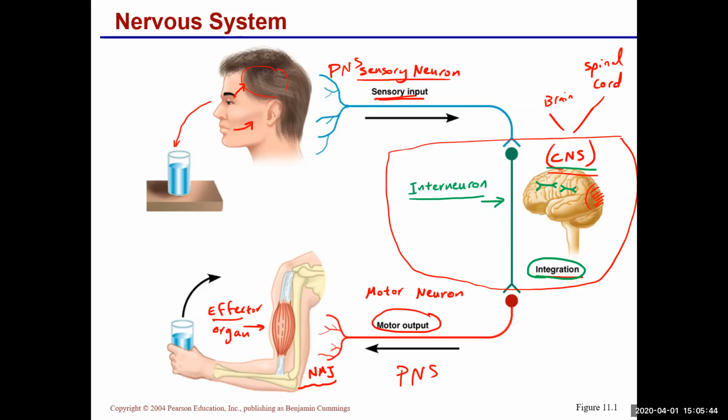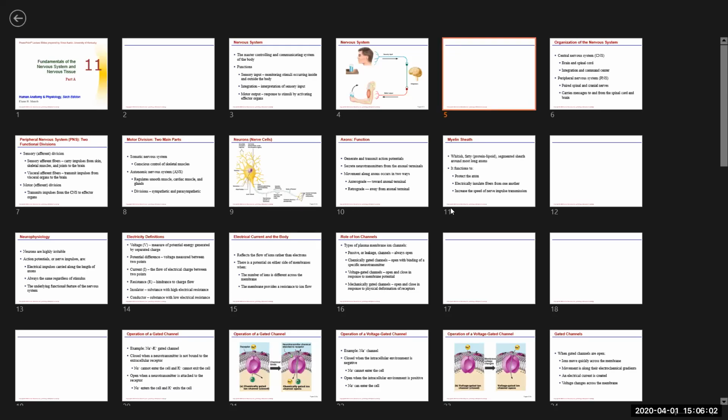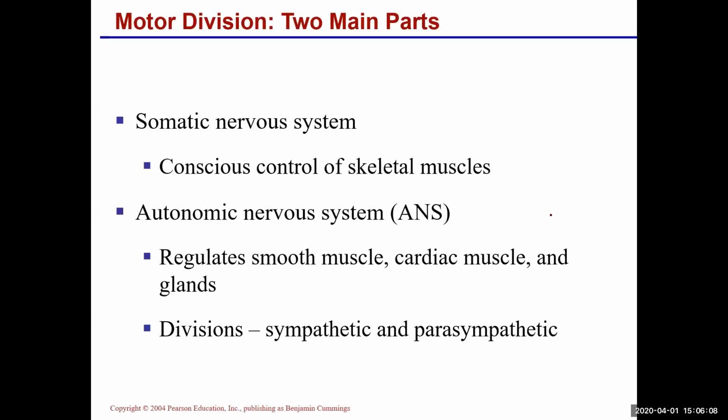But there is another system that I will discuss later on, the autonomic nervous system. So if we take a look at the autonomic nervous system, we might be able to just touch upon it. This is the topic of chapter 14 that we're going to look at later on.